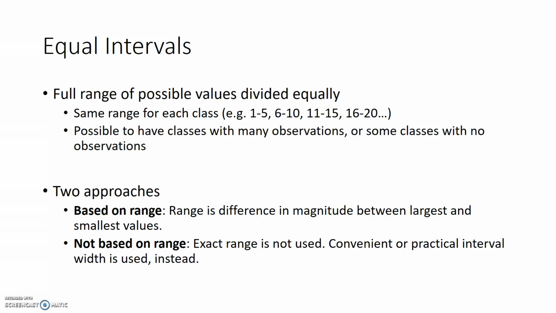And we have kind of 2 approaches that we take. The first is that we base it on the range. So like I described, that's where you take the difference in magnitude between the largest and smallest values that you have. So looking at your values, find the smallest, find the largest, take that range, cut it up into however many equal parts that you want.